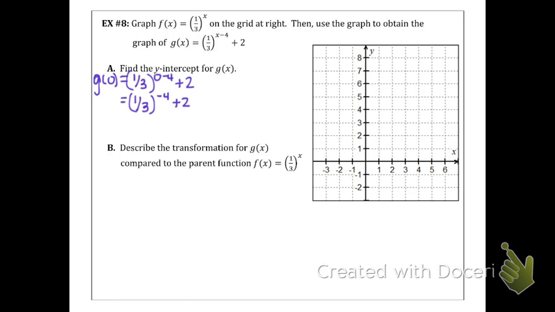Now remember that negative exponent, that exponent can go to the top and the bottom, or we can say first, because it's negative, let's just go ahead and flip our fraction. So this is going to become 3 over 1, which is the same as 3 to the positive 4 plus 2. 3 to the 4th is 81 plus 2, so our y-intercept is at 83.